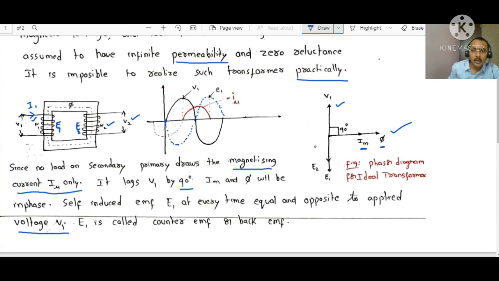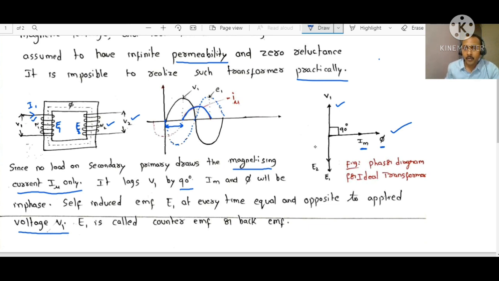Now the current I mu is lagging the voltage by 90 degrees. This angle is 90 degrees. So a small amount of current, I mu, is going to flow. These three waveforms are very important with respect to the ideal transformer.